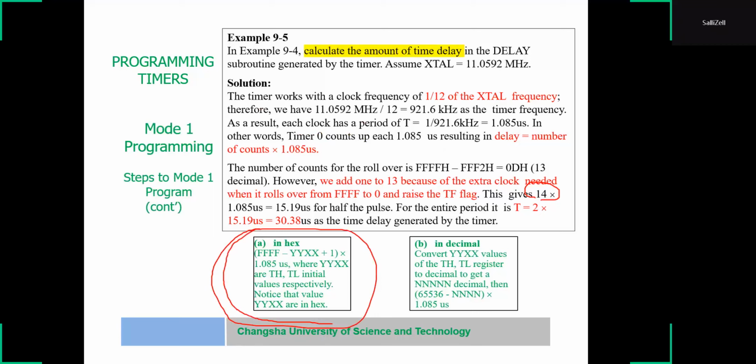Use this equation to calculate the delay: FF subtract the initial value, add 1, and multiply this result by the machine cycle.